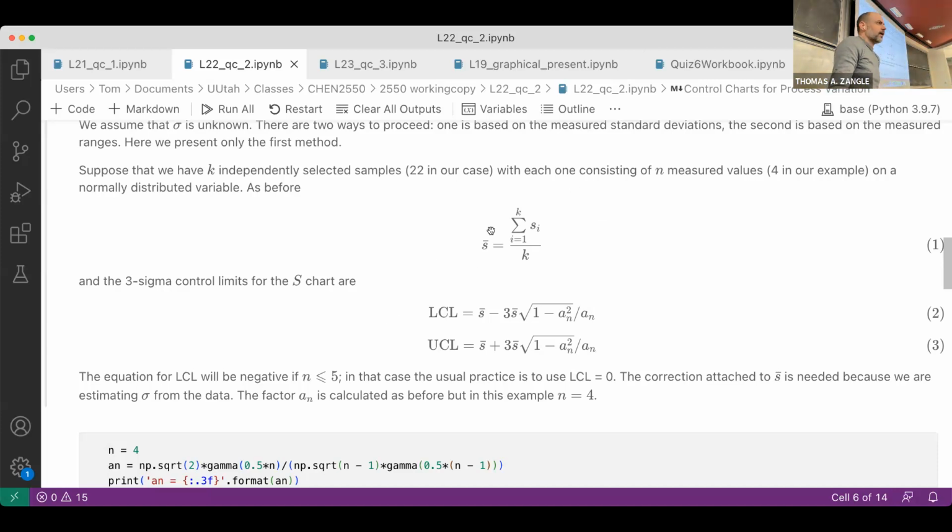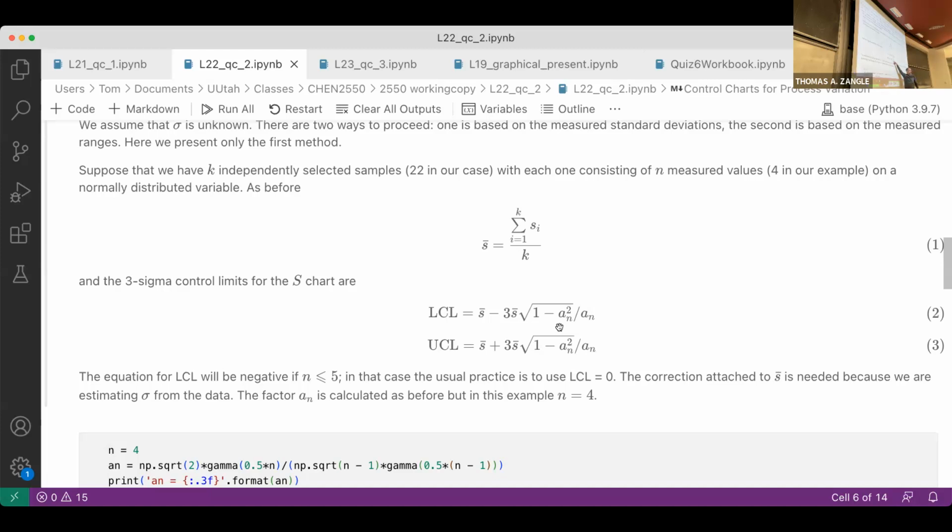And using that estimate of S bar, we're then going to have to correct that. Just like we did in the previous lecture, if you remember, we had a correction for how to go from S bar to the population standard deviation, sigma. It was based on a correction factor we called A sub n, where n is the number of measurements that we made.